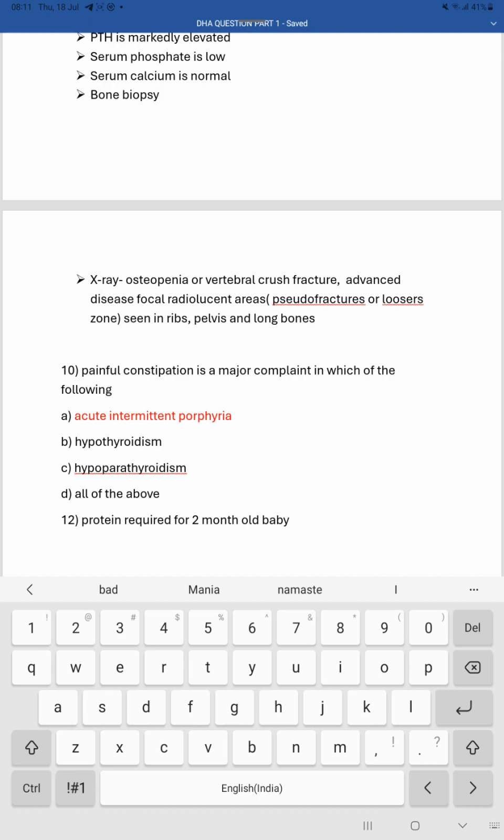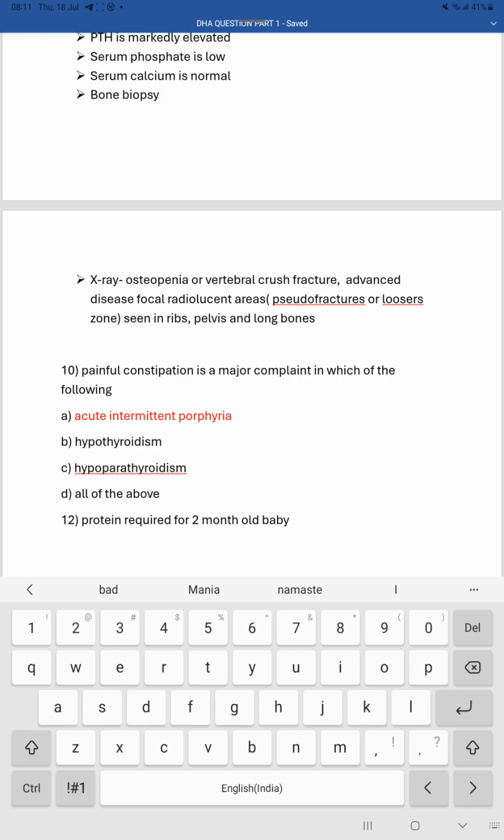Because of that, heme production will not happen, proper hemoglobin will not be formed, so it results in anemia.